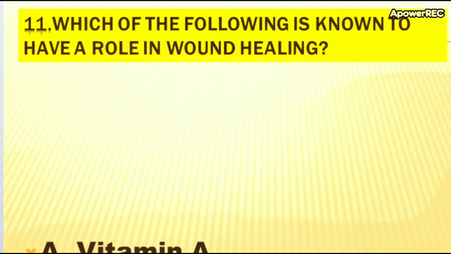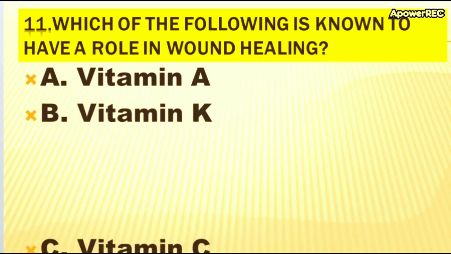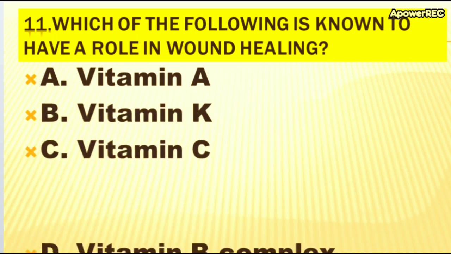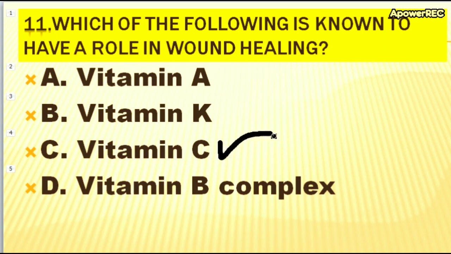Next question. Which of the following is known to have a role in wound healing? Vitamin A, vitamin K, vitamin C, vitamin B complex. Correct answer is vitamin C. Vitamin C has a role in wound healing. The other name of vitamin A is retinol.